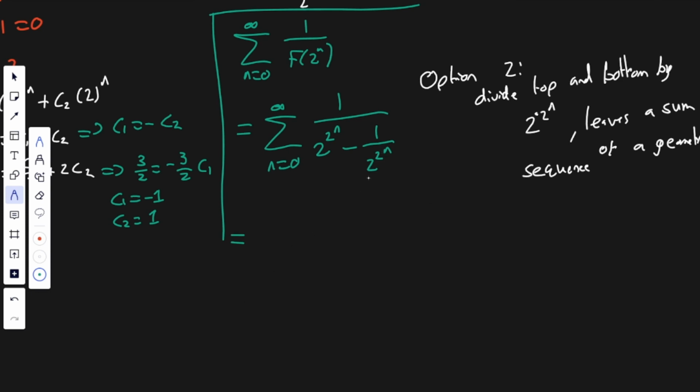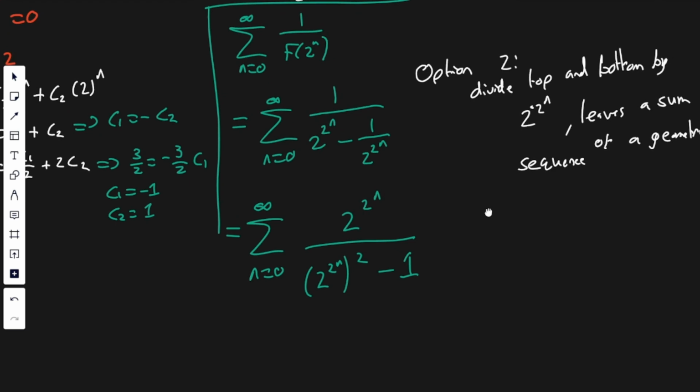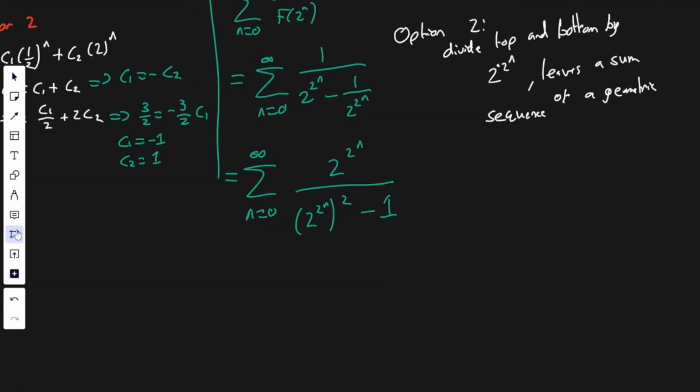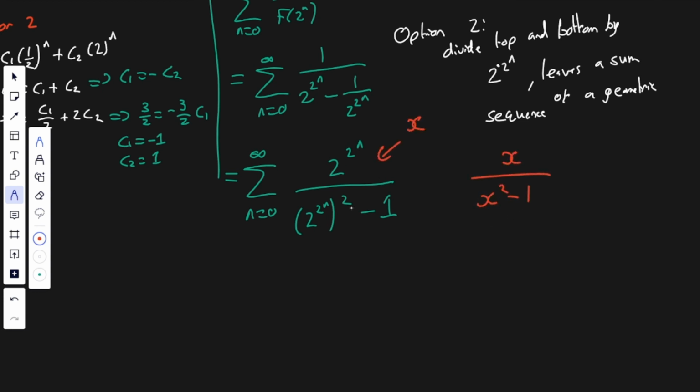Okay, anyway, we're going to do an even better way though. We're going to multiply top and bottom by this. So that's going to give us the sum from n equals 0 to infinity of 2 to the 2n over 2 to the 2n squared minus 1. Now, the astute watcher would realise that this is a bit like x over x squared minus 1, where this is x.